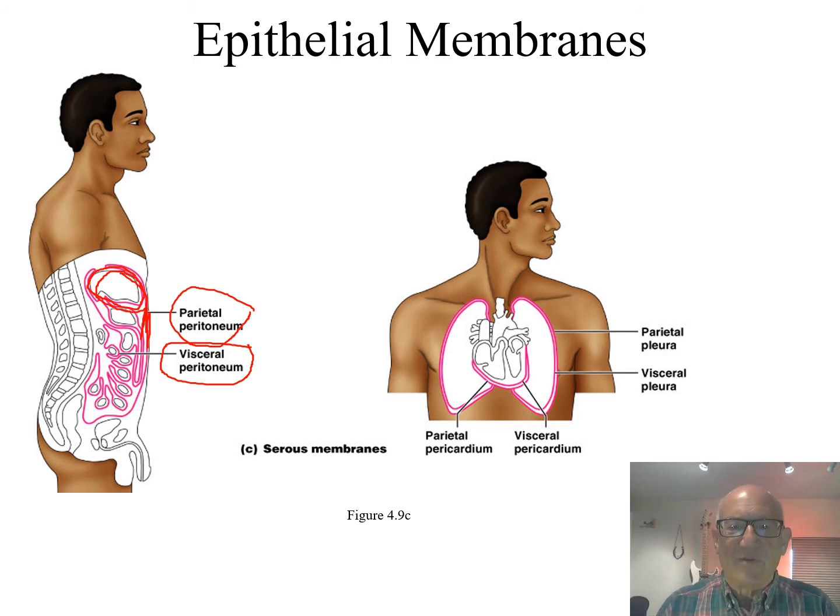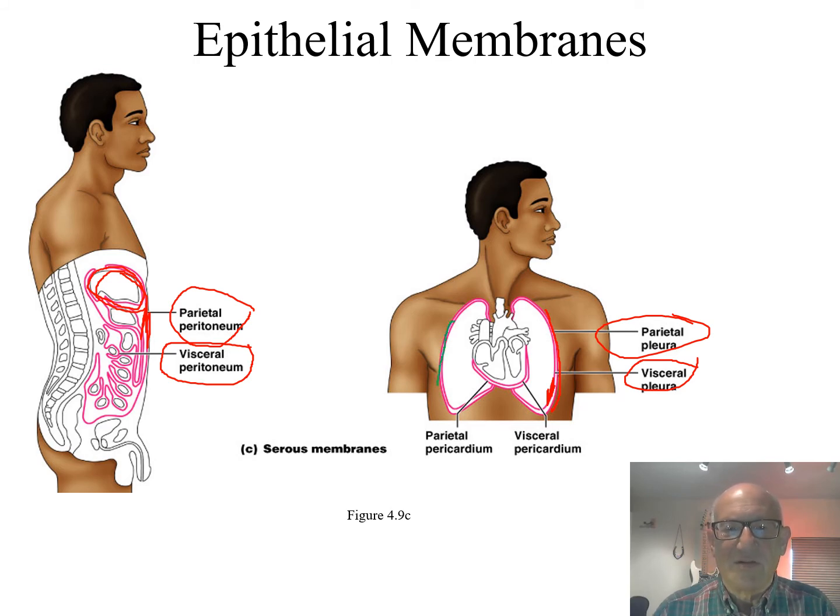If we move up into the chest cavity, we can then see another set of membranes, and we have one called the parietal pleura, which lines the cavities that the lungs are in, the pleural cavities. And we have the visceral pleura, which adheres to the surface of the lungs. Maybe if I change to a different color here, we can see that better.